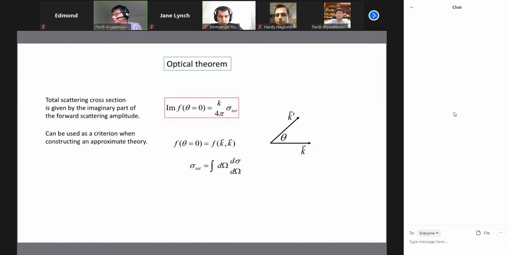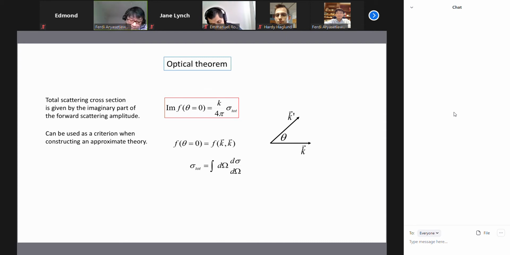Yes, so now we want to consider what is called the optical theorem. So the optical theorem is one of the so-called sum rules, which gives an exact relation between some quantity and usually a sum of other quantities.